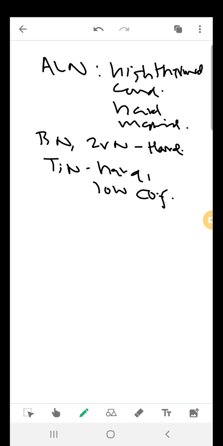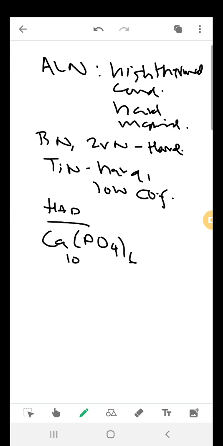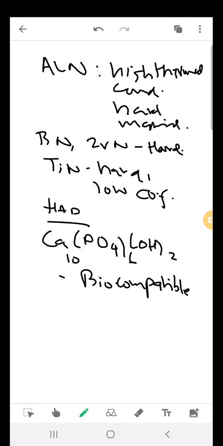Then we can have hydroxyapatite, HAP coatings also. It's basically a combination of calcium and phosphorus. This is for biocompatible coatings, mainly used in medical implants.